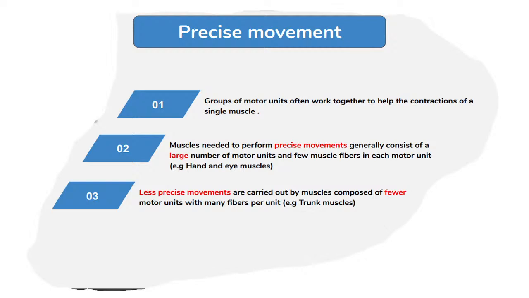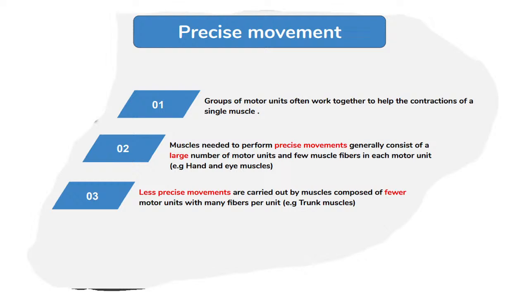So for precise movement, we have different sets of motor units that are required. For precise or skilled movement, like playing a musical instrument or writing or drawing, which involves skill, we should recruit a large number of motor units, and each motor unit should contain few muscle fibers.